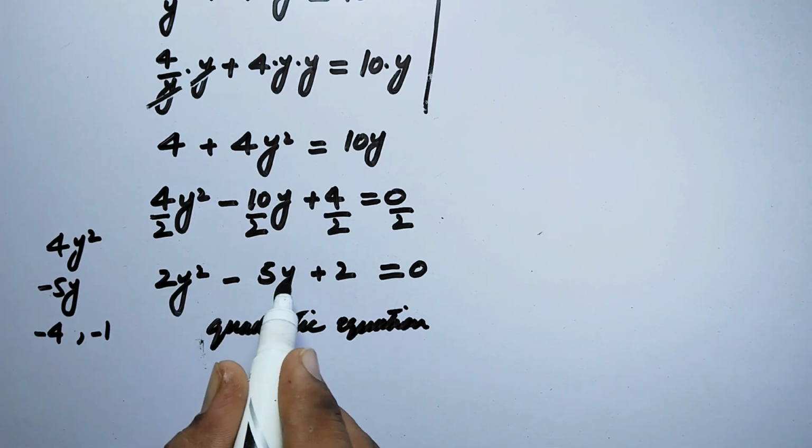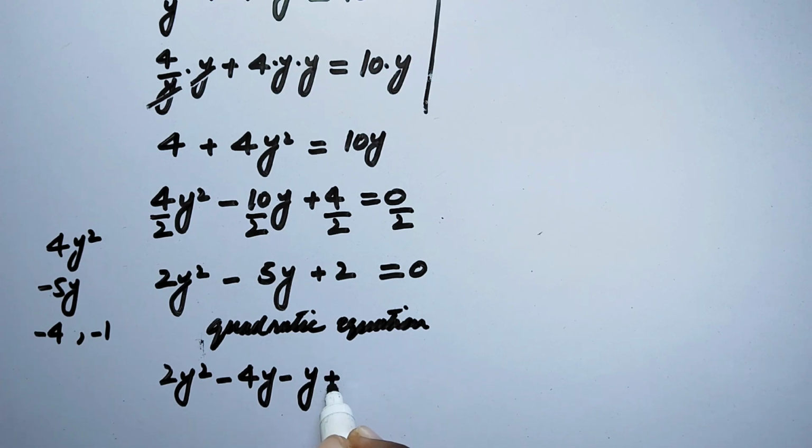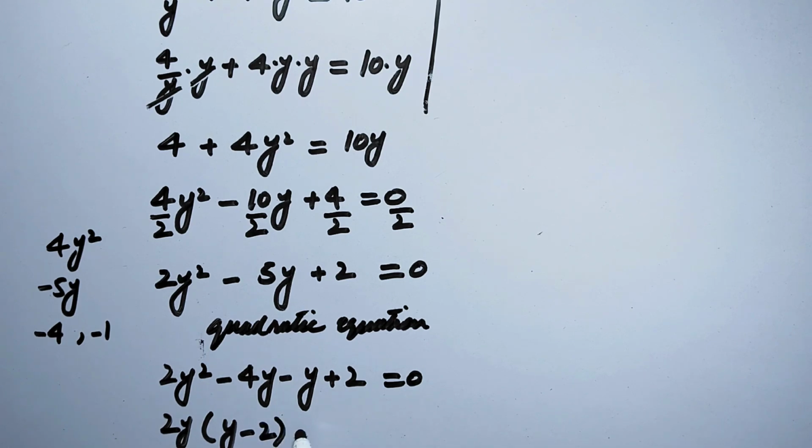So here we will factorize the equation in this way: 2y square minus 4y minus y plus 2 is equal to 0. From the first two terms we can take 2y as common, so what is left is y minus 2, minus, from the other two terms we take minus 1 as common, so what is left is y minus 2, equal to 0.